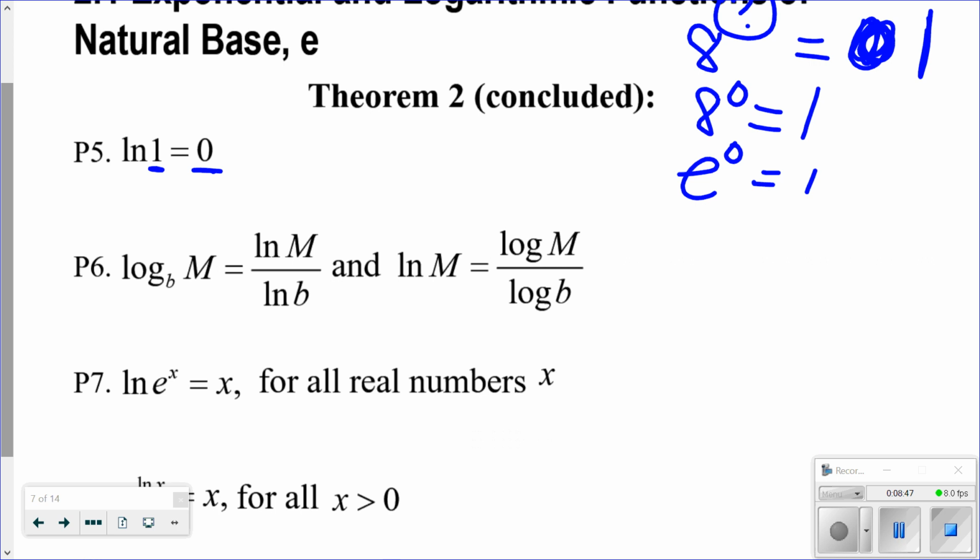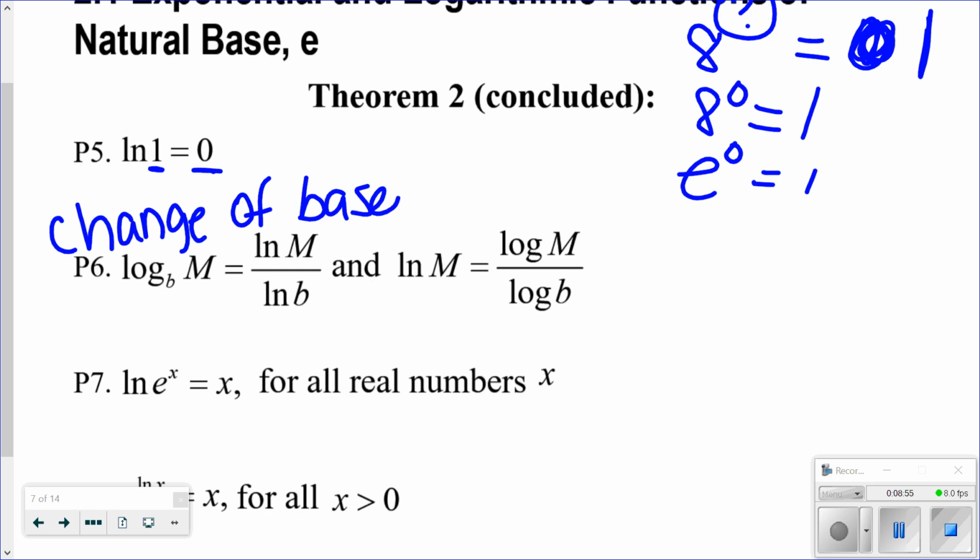Okay, this is something called the change of base formula. So this is useful when you have a calculator that does not do logarithms. If you look at the buttons on your calculator, there should be a button that says log on it.